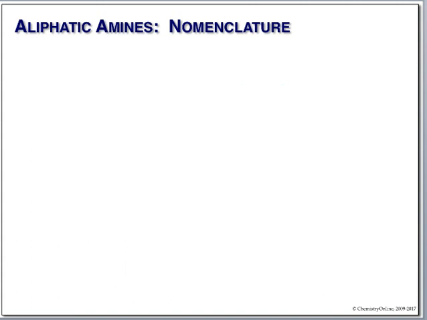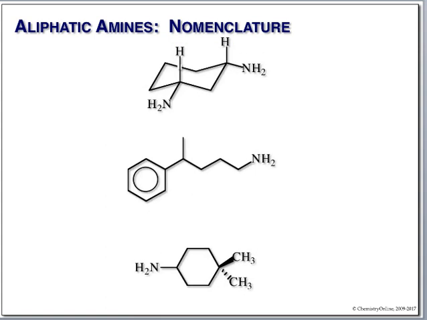Let's just look at some simple examples here. Our first one is a cyclohexane. It's going to have 2 amino groups on it. They are 1, 3 relative to each other. And their stereochemistry is, what is it?